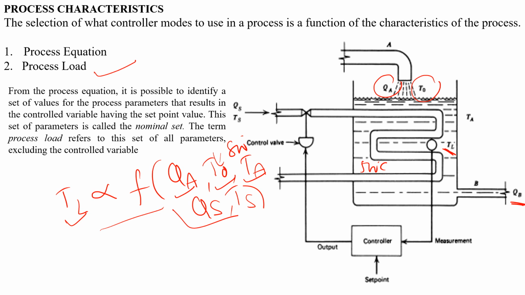Similarly, the atmospheric temperature, steam flow rate, and steam temperature are called load variables. The general rule is that other than the process variable or measured variable, the other variables are called load changes or process load. If that condition is changed, it will automatically affect the system. So the second characteristic is the process load.